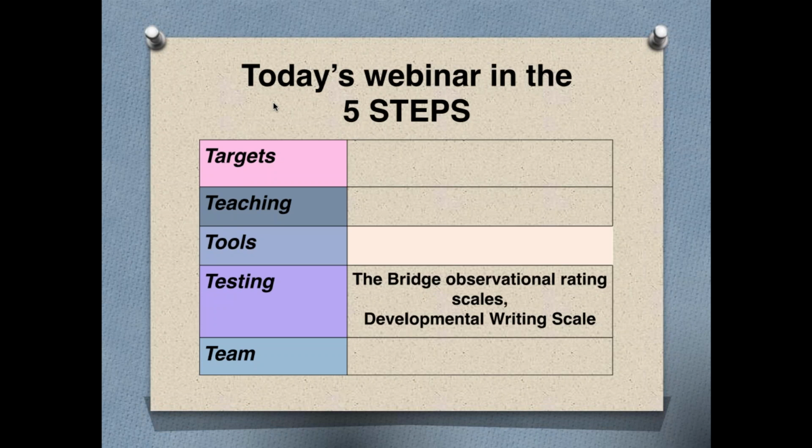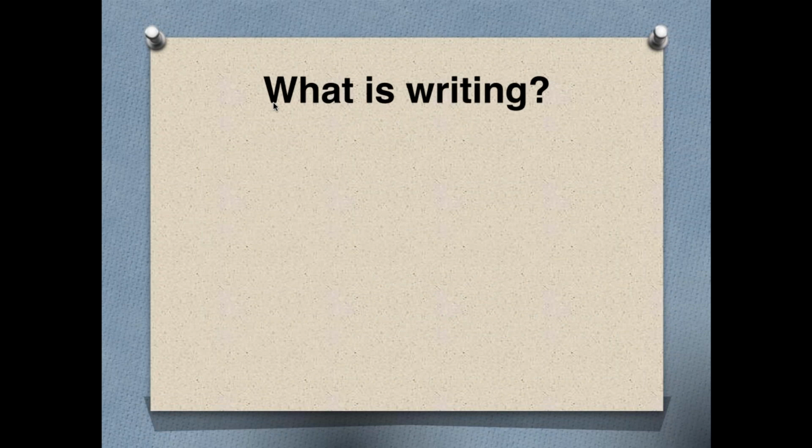And I didn't really show this in the webinar, but the Developmental Writing Scale is the basis of a writing curriculum and a writing software provided by Don Johnston. So if you have any questions or interest in that, I can post links to that in the Facebook page. So lots of tools to support all of you as educators as you're trying to start using these.